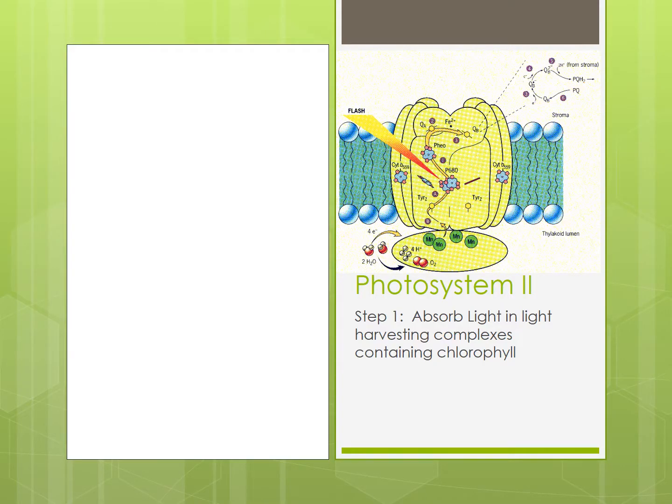So step 1. We have this light harvesting complex. This pigment is going to be in the chlorophyll, in the thylakoid membrane. You're going to have to absorb light from the sun. So the sun's energy comes down and strikes that pigment.